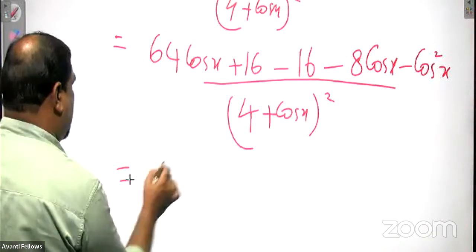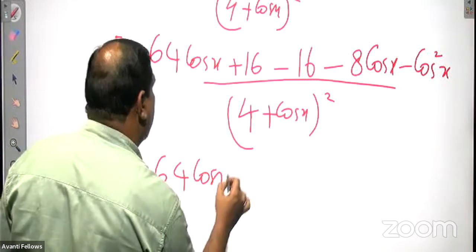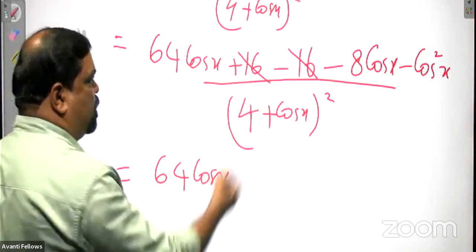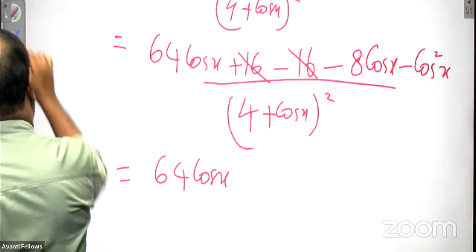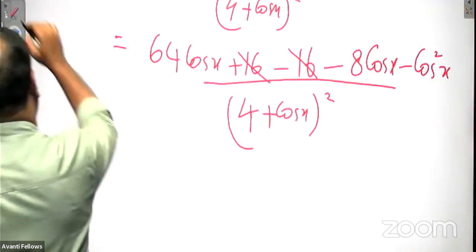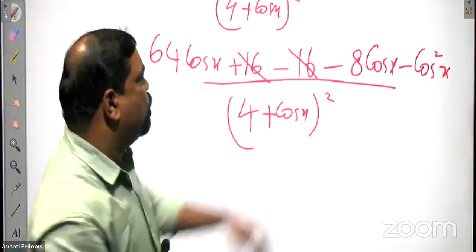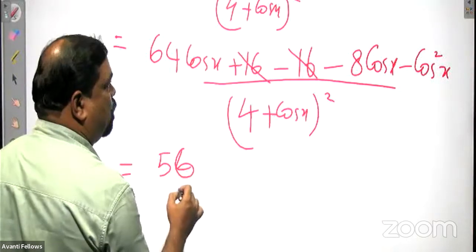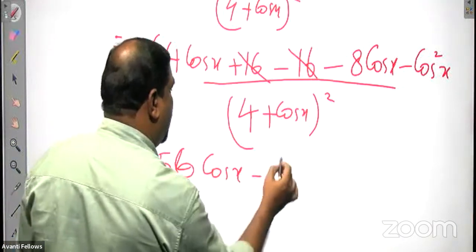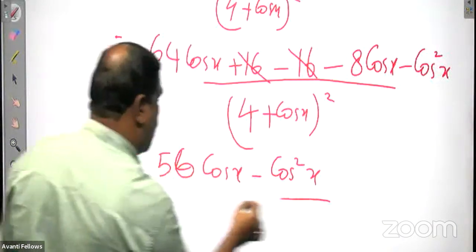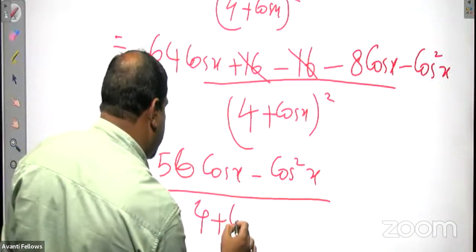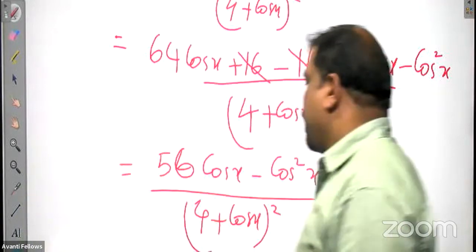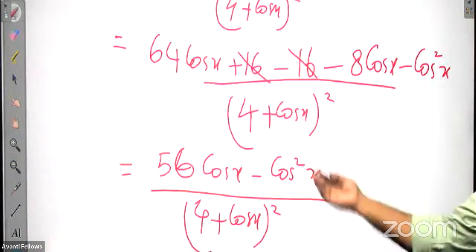That is equal to 64 cos x minus 16, minus 16 cancel, minus 8 cos x. So 64 cos x minus 8 cos x means 56 cos x minus cos square x, all divided by (4 plus cos x) the whole square. Finally, we are getting the expression in this way.